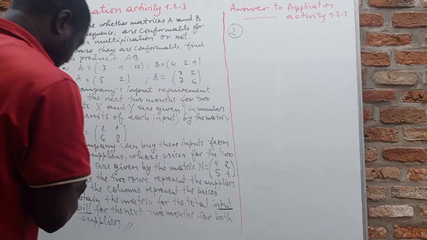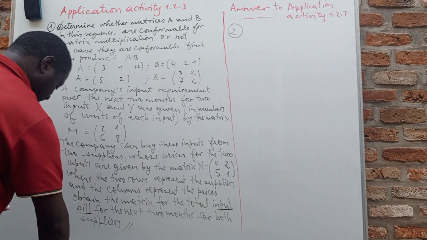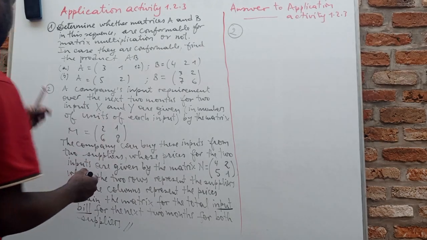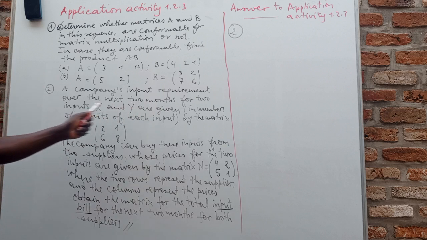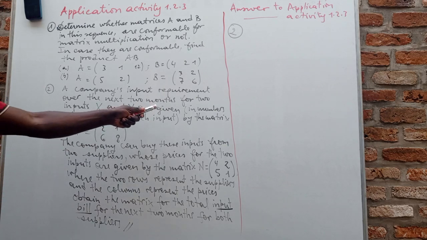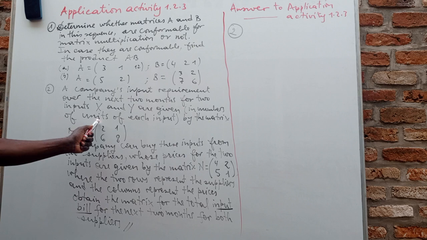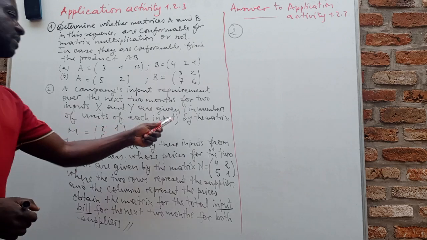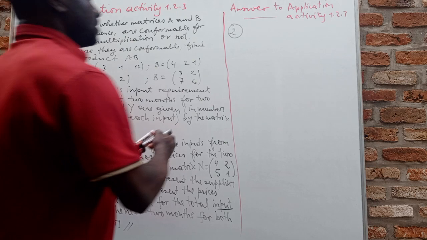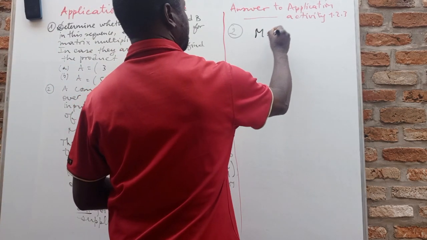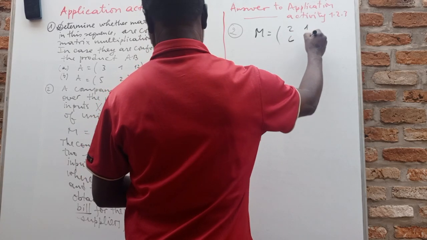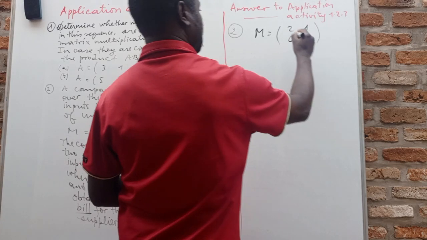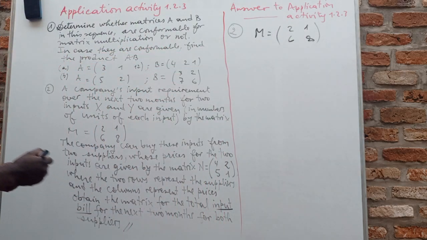In this case, we have a company's input requirement over the next 2 months for two inputs, X and Y, given in numbers of units for each input by the matrix M. So start with this matrix M, a 2 by 2 matrix: 2, 1, 6, 8.